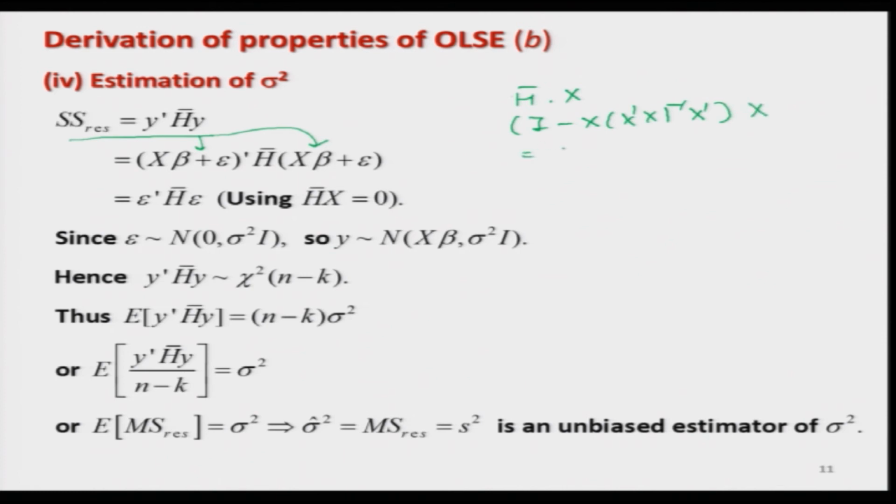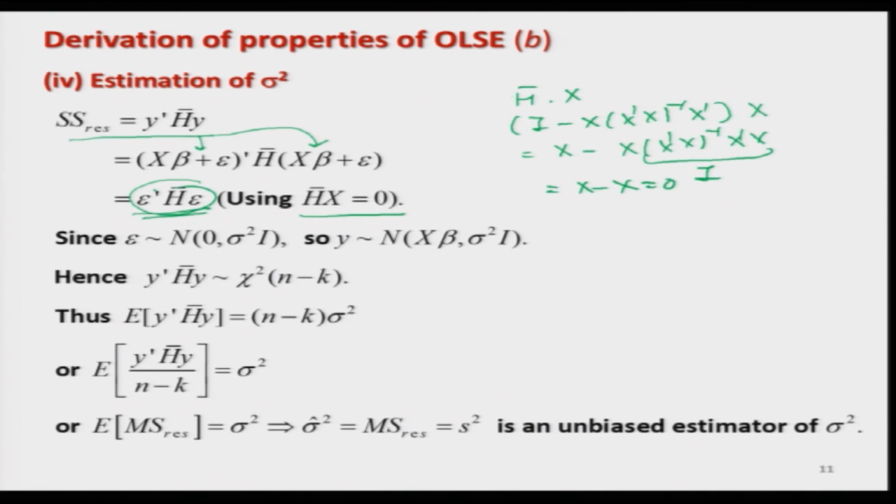If you open it, this will be x minus x, x transpose x whole inverse x transpose x. So this becomes I, and this becomes x minus x, which becomes 0. So h bar x is equal to 0, and using this property I can write down that the sum of squares due to residual can also be written as epsilon transpose h bar epsilon.